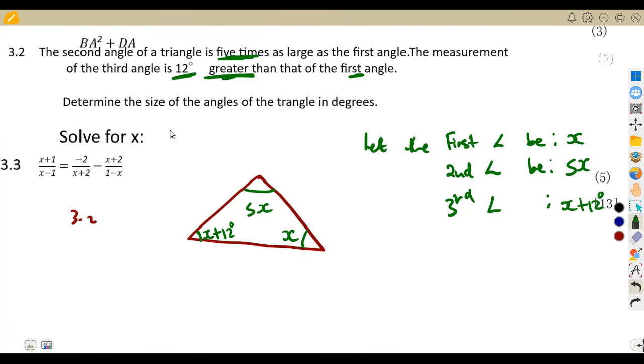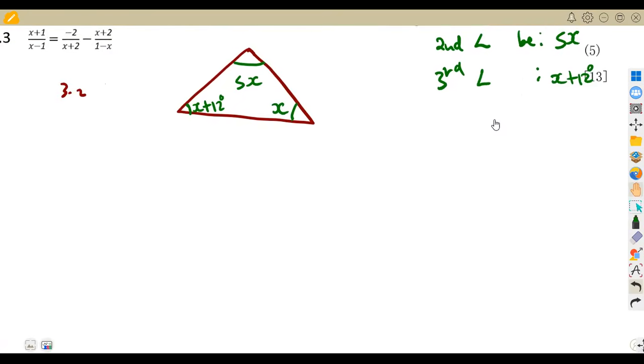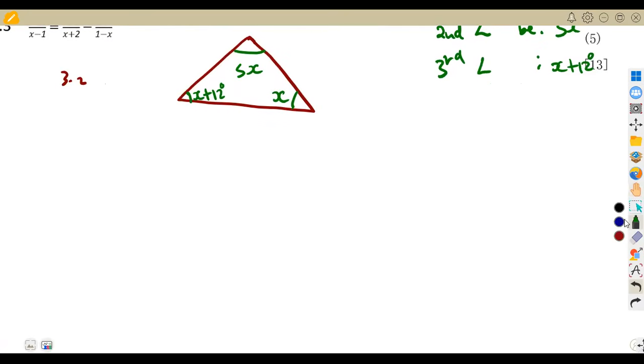So we are supposed to determine the size of the angles of this triangle, this one x, the 5x, and the x plus 12. So in order for us to have these angles, we are supposed to calculate the value of x. From where? Yes, it's a word problem, but we are now back to the normal properties of a triangle.